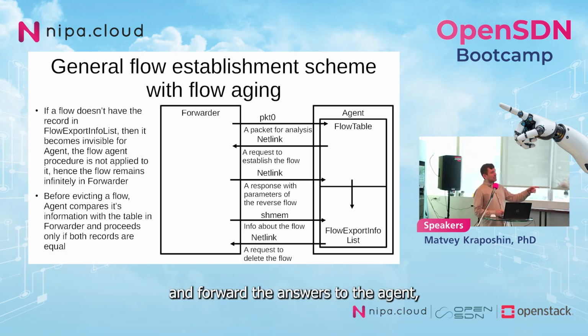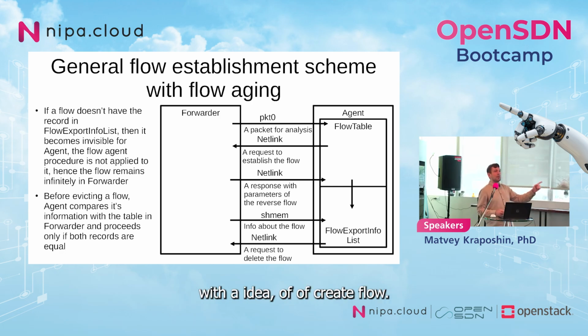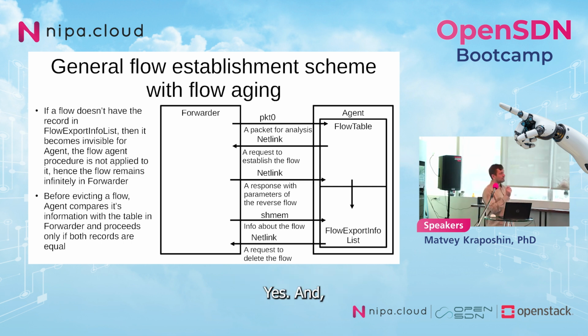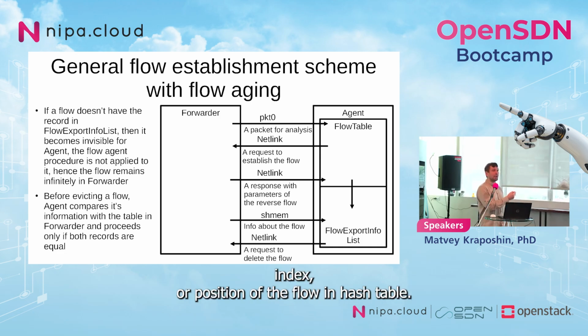And the forwarder answers the agent with the ID of the created flow, because both tables must be linked together, and a link is established using the index or position of a flow in the hash table.